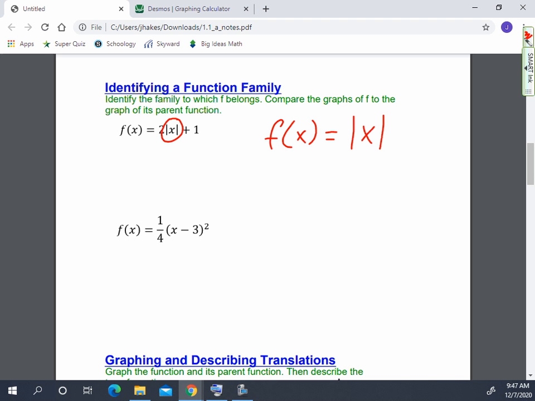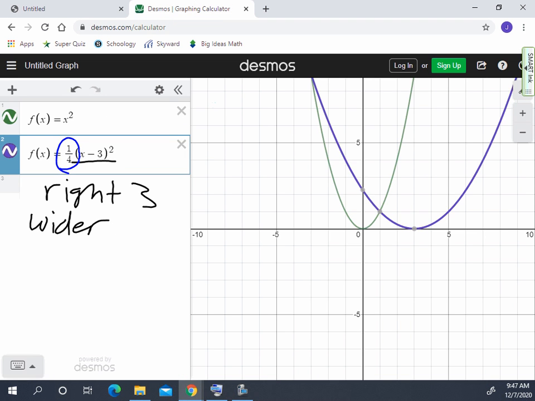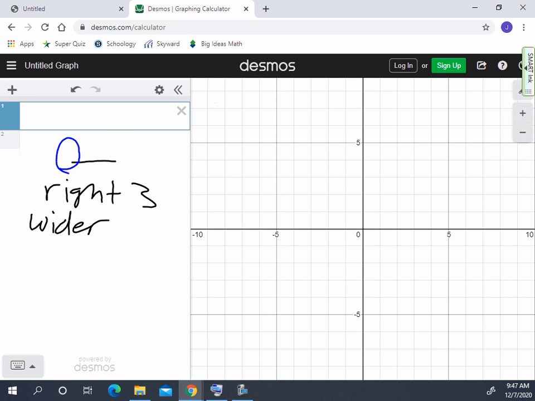Now, I want to compare the graphs to that of its parent function. So if I went to Desmos, D-E-S-M-O-S, a very helpful graphing application.